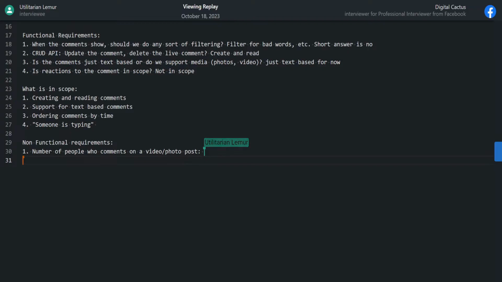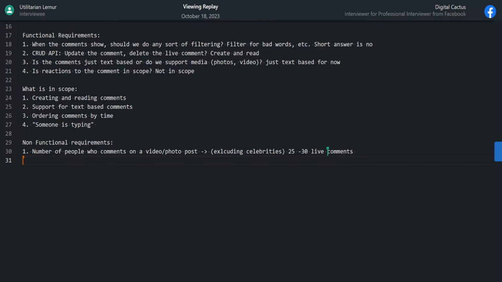Excluding celebrities, an average photo would get around at a maximum of 25 to 30 comments. That's pretty much how I'm thinking about this.